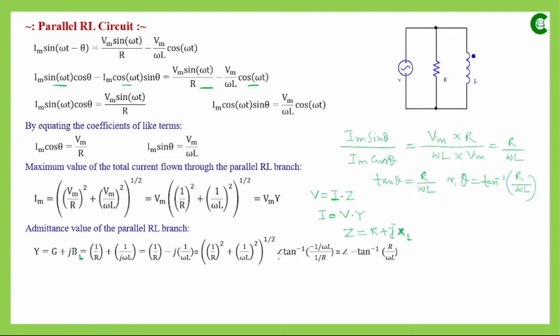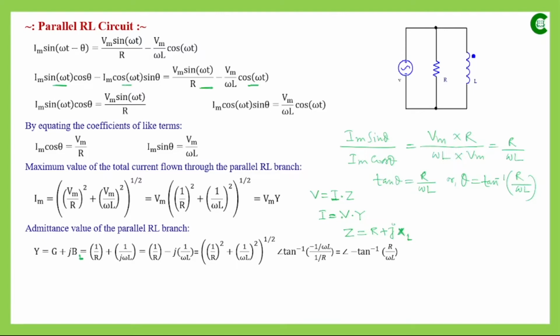This may confuse us a little bit, but the logic is, since here it is admittance and the phase angle is negative. Why? Because when we are getting current in terms of voltage, the current is equal to voltage multiplied by admittance, and voltage we have taken as reference.